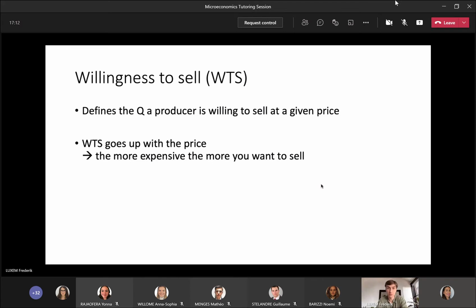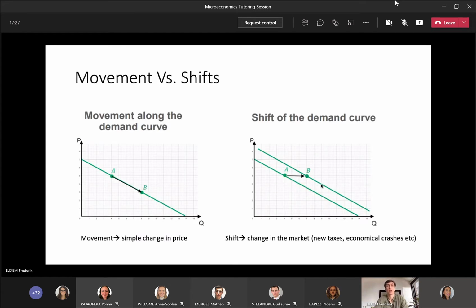Willingness to sell is how much quantity a producer is willing to give at a certain price. So the more expensive, the more you want to sell. This is just some vocabulary. When we speak about a movement, it's along the curve.